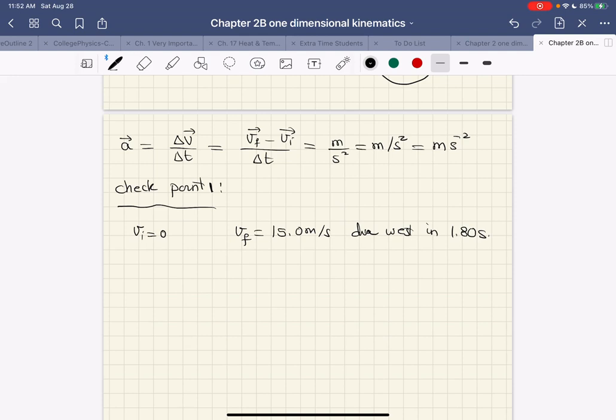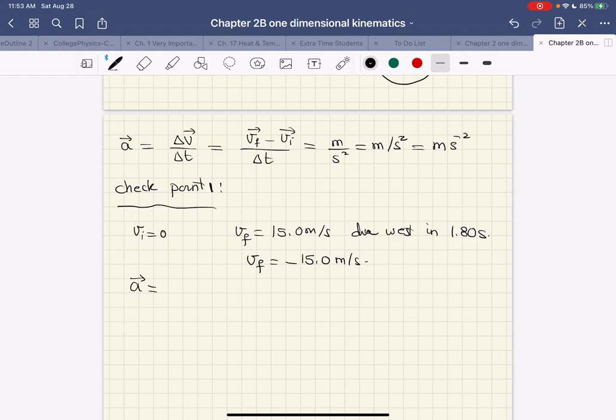I can calculate the acceleration. I can write v final as negative. Why? Because it is due west. These two pieces of information are really equivalent, but when I put it in the equation, I should have it as negative.